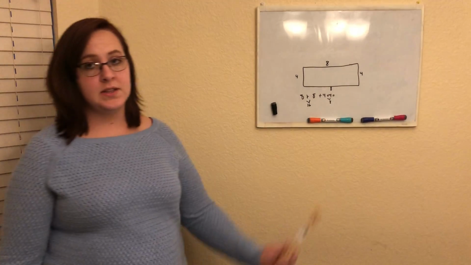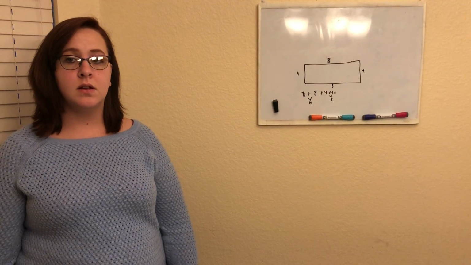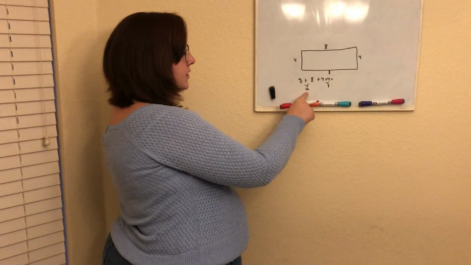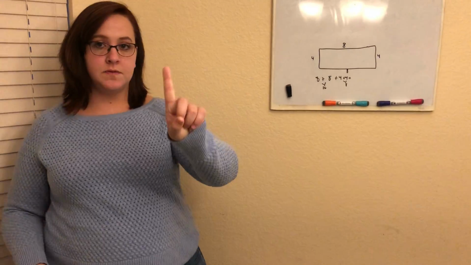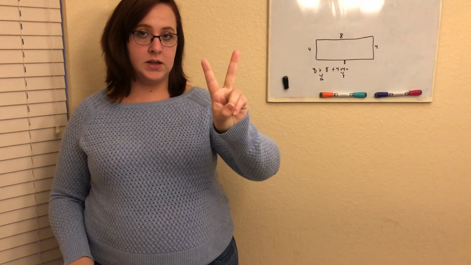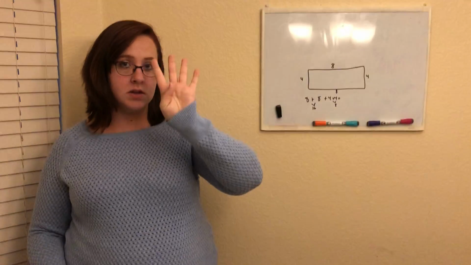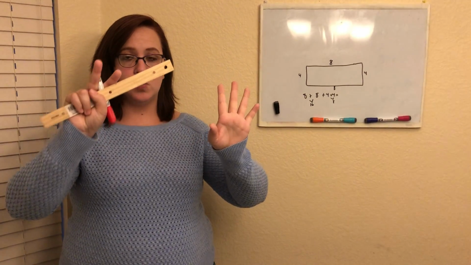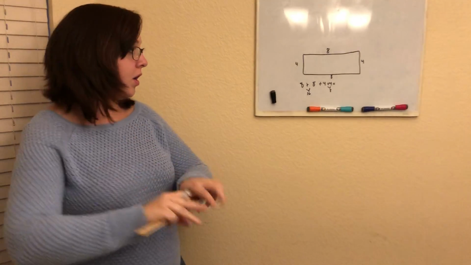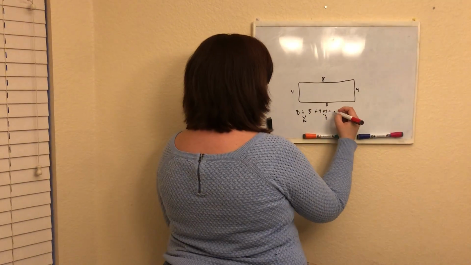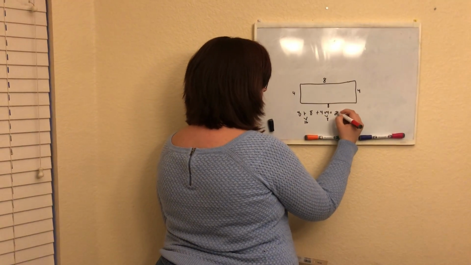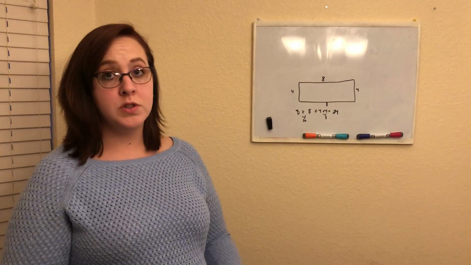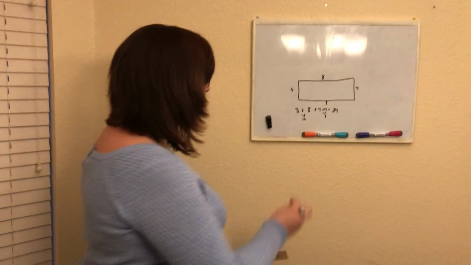Do you know what 16 plus 8 is? If I counted by 8, let's count. Let's start at 16. 17, 18, 19, 20, 21, 22, 23, 24. So 8 plus 8 plus 4 plus 4 is 24. So the perimeter would equal 24 units.